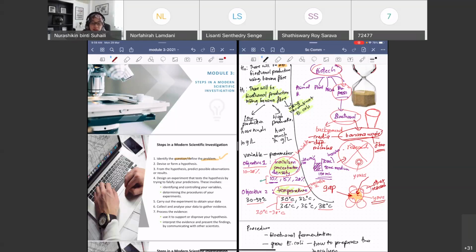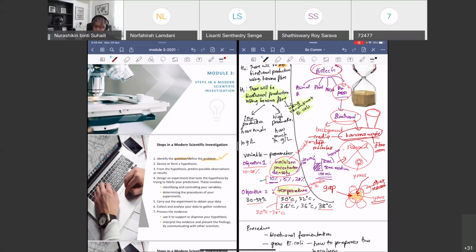What is the effect of varying the inoculum concentration on the bioethanol production? That is the research question that can be derived from the first objective. The second objective: what is the effect on the bioethanol production when the temperature is varied between so and so? That is how the research questions can be established.